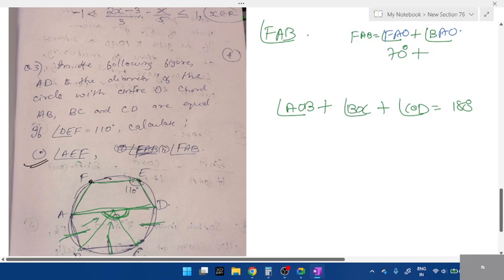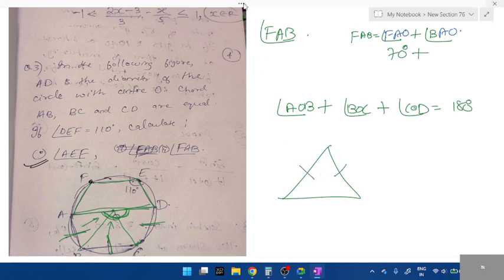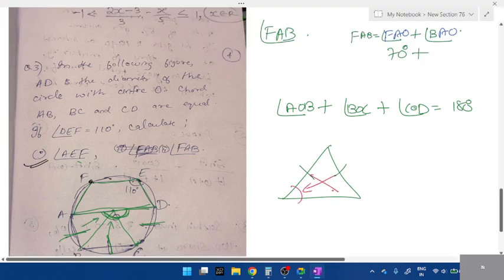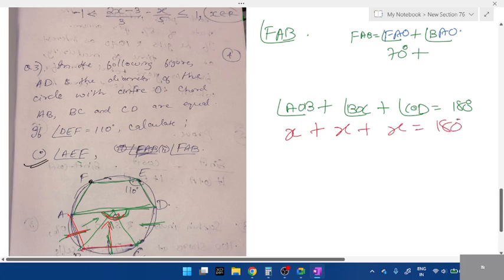See, it is like this, students. I've taught you isosceles: if these two sides are equal, which angles are equal? The opposite angles are the same thing. If the chords are equal, their opposite angles formed at the center will also be equal. So all three are equal. Take it as x plus x plus x is equal to 180.